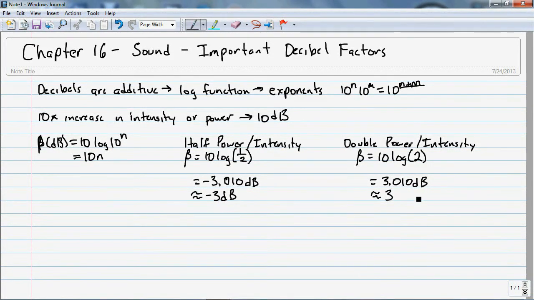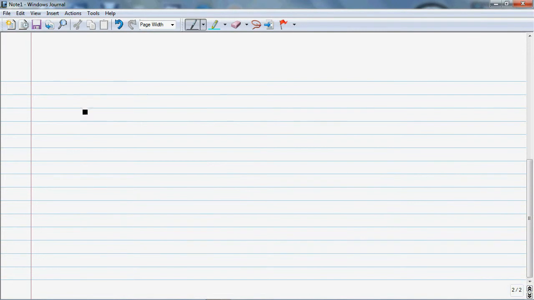Should write my decibels here so we know what we're talking about. So why is this important to us? Well, let's look at ratios, and just remember that for every double it's 3 dB, and for every half it's minus 3 dB.